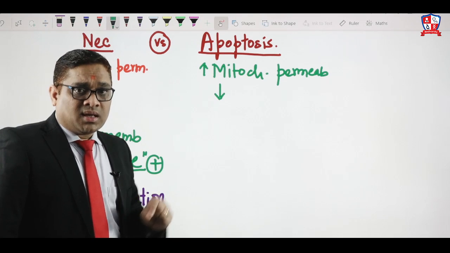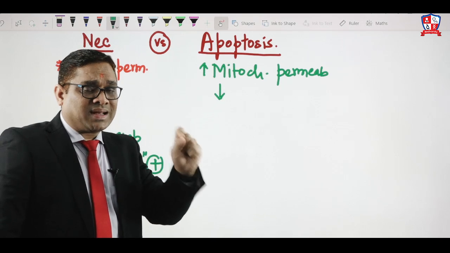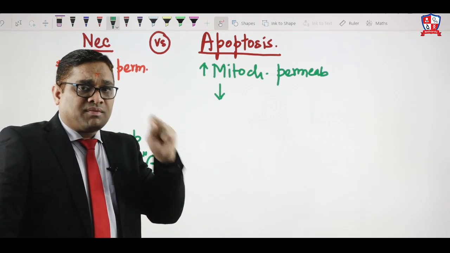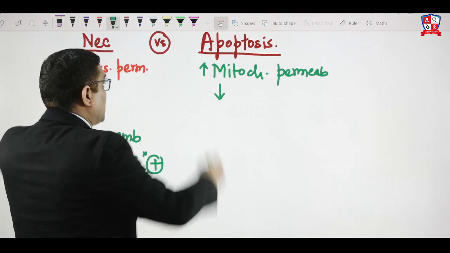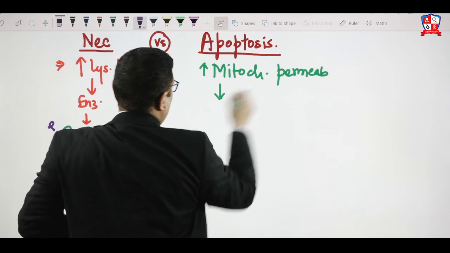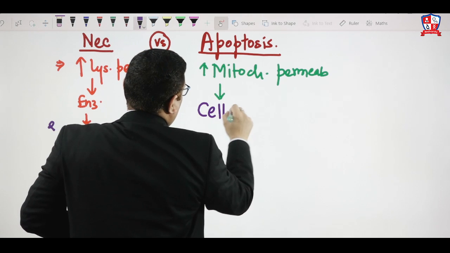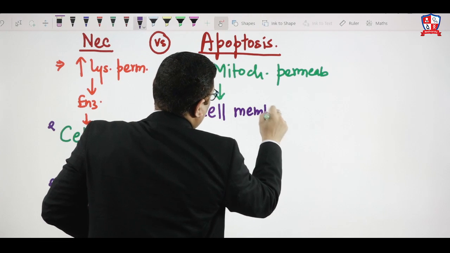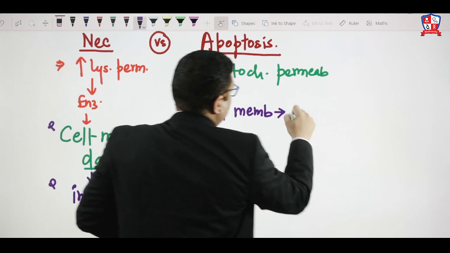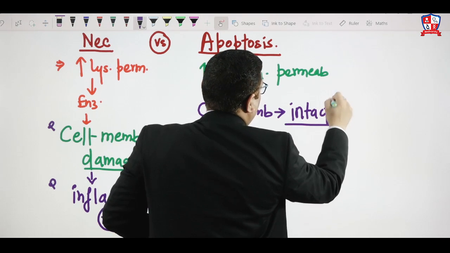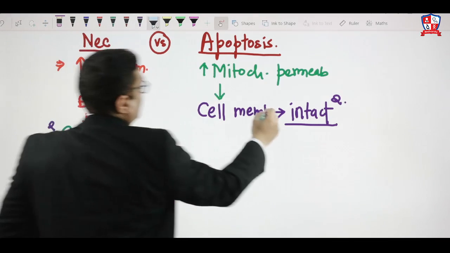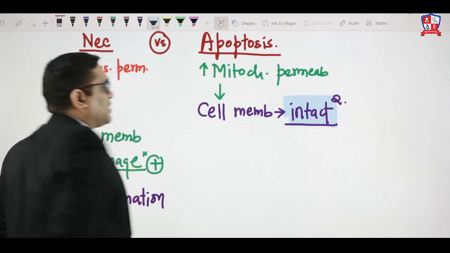This is a very famous and often repeated question in All India and AIIMS exams. So in apoptosis, because of the mitochondrial permeability, the cell membrane will be intact. This question was asked recently.